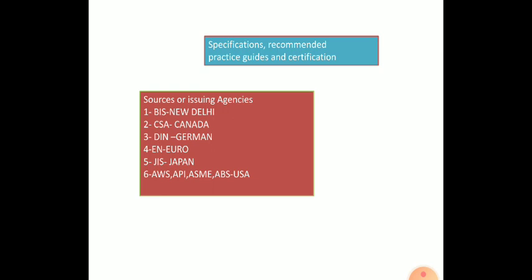Moving to India, we have the BIS system: the Bureau of Indian Standards in New Delhi develops, issues and updates the codes and standards for various products, and these standards apply to almost every area of interest.